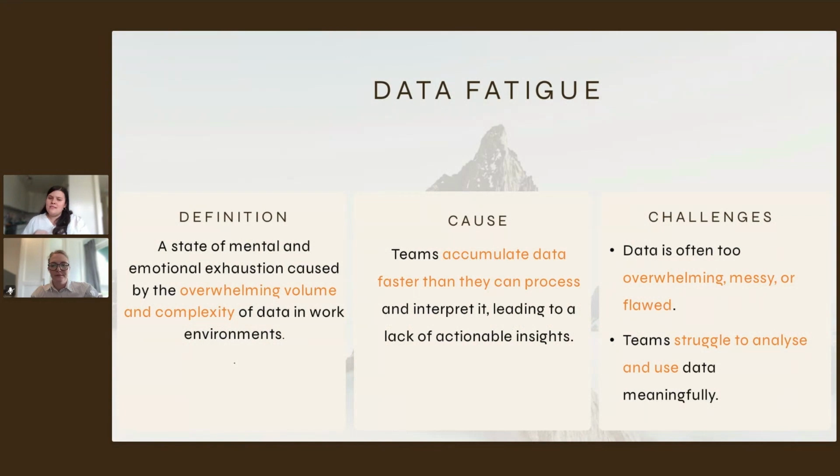The reason why this happens is because there are so many tools that you can capture as much data as you want, but you don't have the time to process it. You maybe don't even have the expertise to process that data. So it feels very overwhelming, very messy and flawed. And of course, teams will struggle to analyze and use that data meaningfully. So that's why it causes data fatigue.